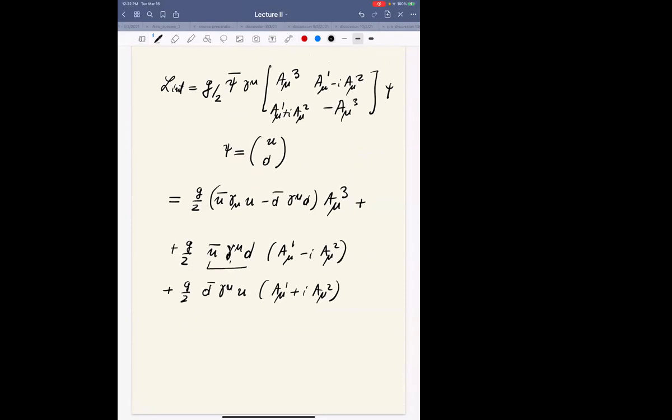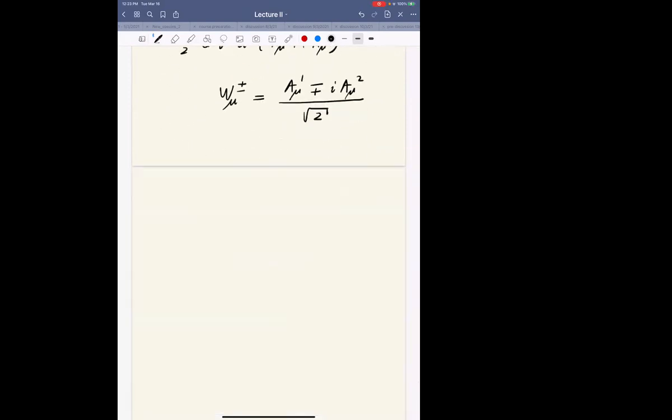Notice what I have achieved. I have achieved that up becomes down, as I expected. So I should give a name to this gauge boson, and the name is W mu plus or minus, defined as A mu 1 minus or plus i A mu 2 over square root of 2. I put a square root of 2 just to keep the normalization canonical. I normalized 1 and 2 in a certain manner, and I want to keep the same normalization.